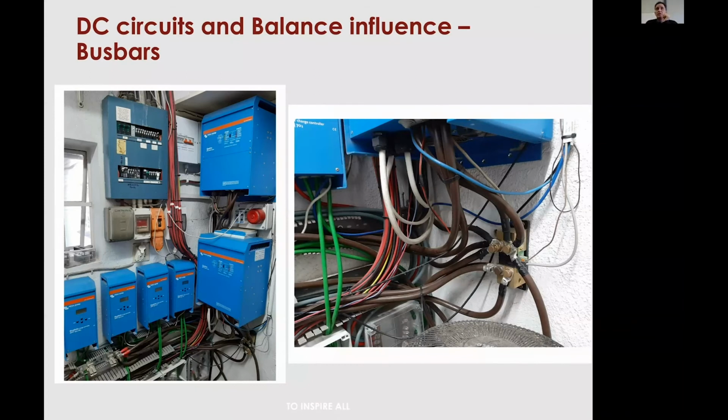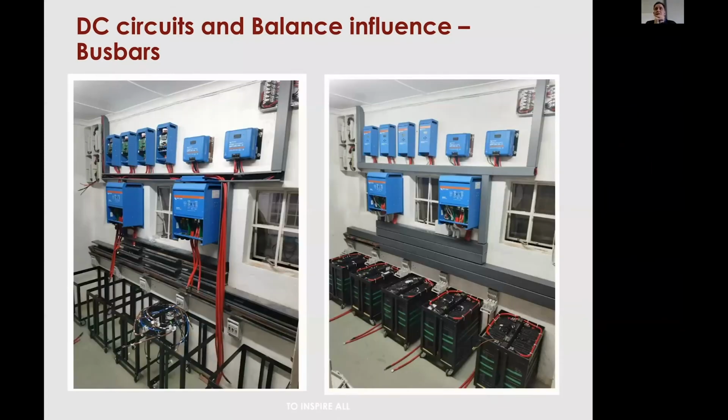So another favorite installer came in and he cleaned up the site to look exactly like this. It's exactly the same site, but he just moved those inverters and the solar chargers into a different location and replaced all of those cablings with bus bars. So he actually has a service bus bar, which is these two bus bars here, a copper bar all the way across, encased inside the trunking.